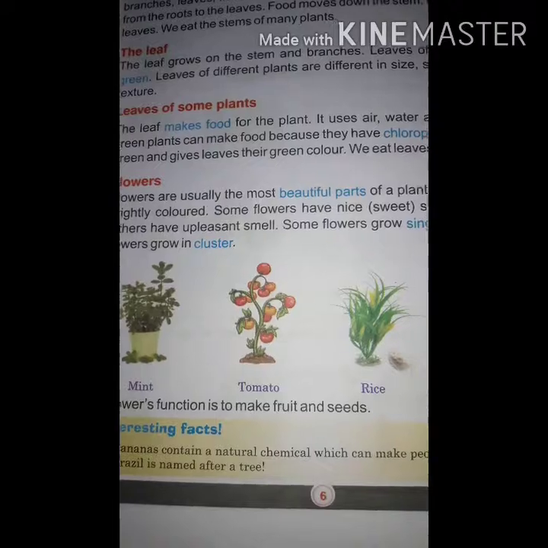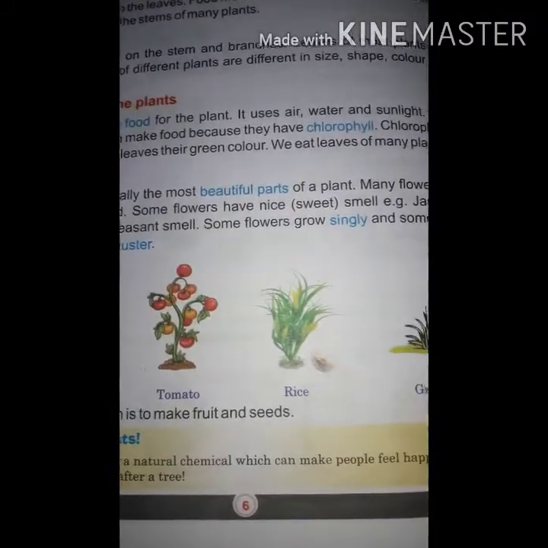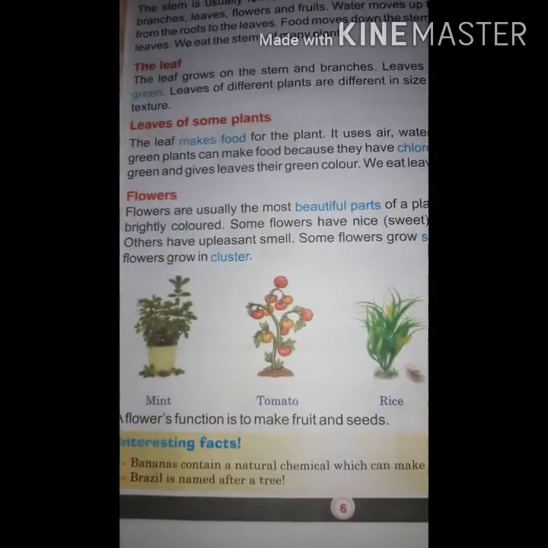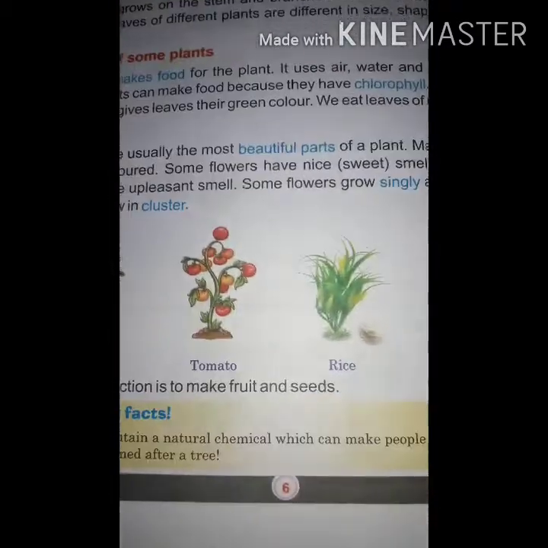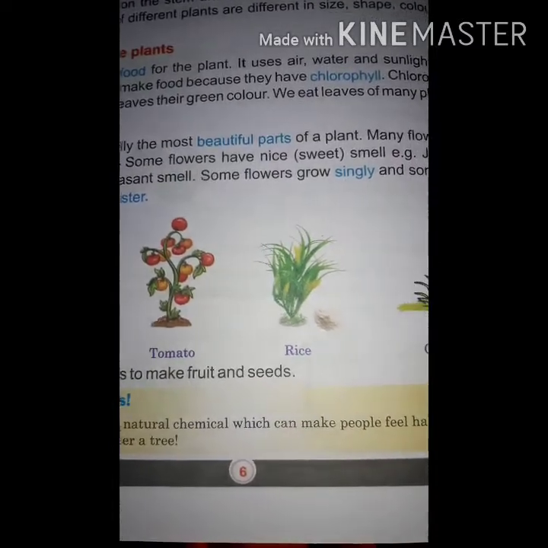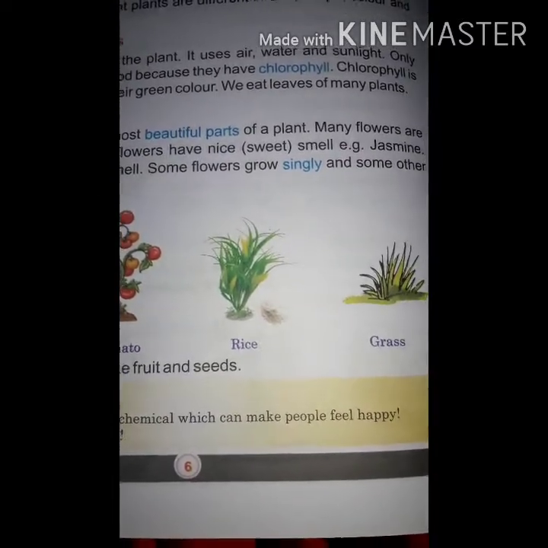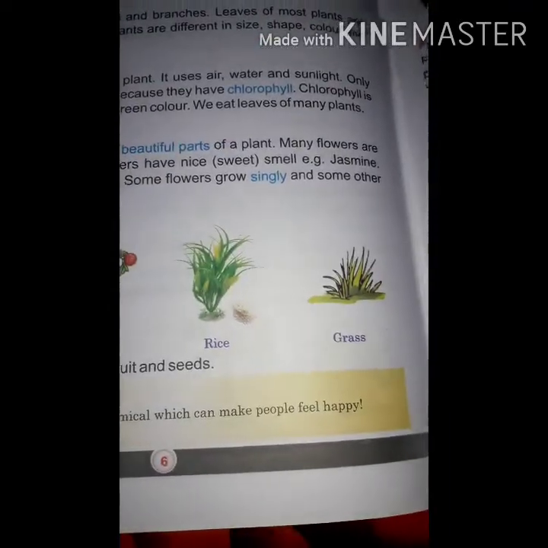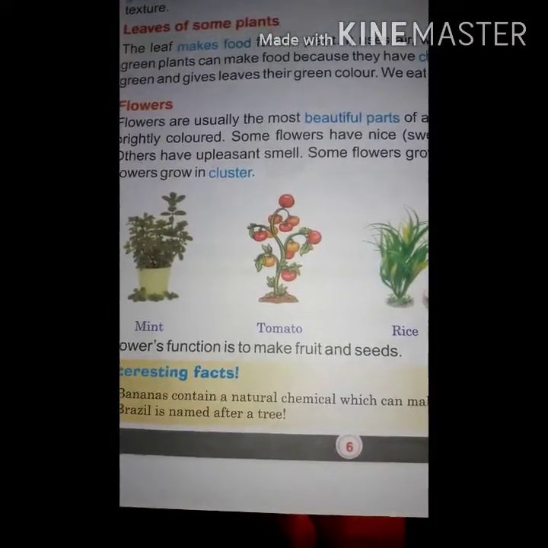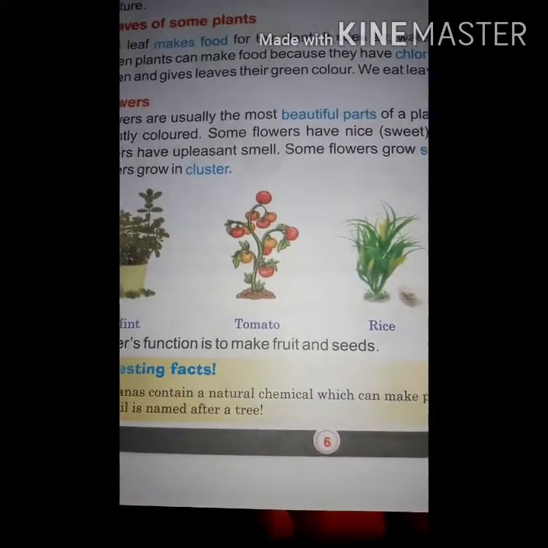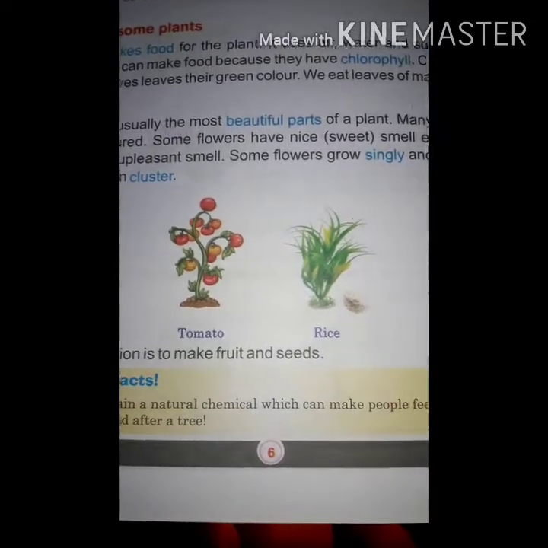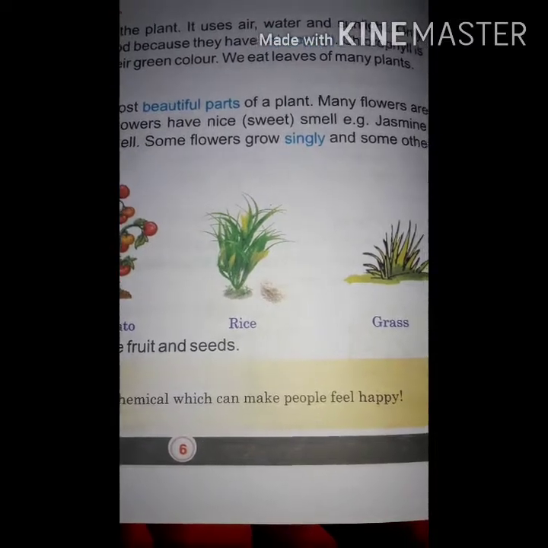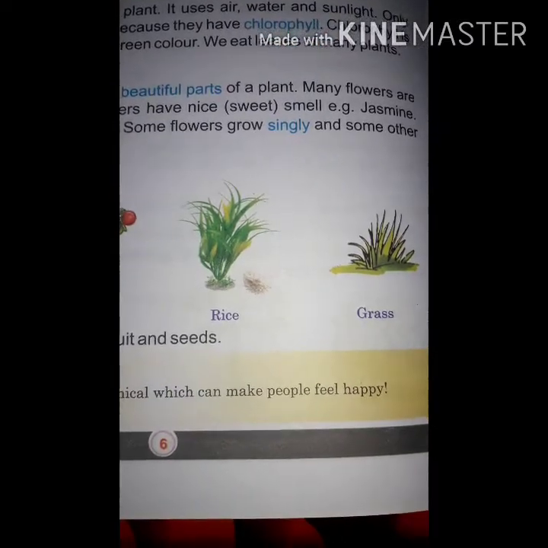Chlorophyll is green and gives leaves their green color. We eat leaves of many plants.